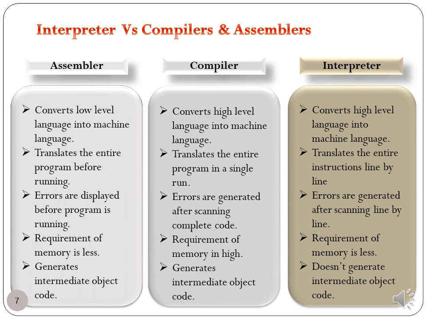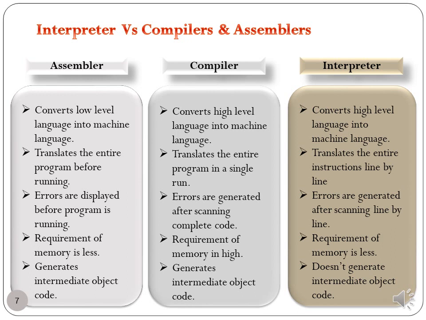Another difference is the way errors are displayed. In assemblers, errors are displayed before the program is running. In compilers, errors are generated after scanning the complete code, but in interpreters, errors are generated after scanning line by line.